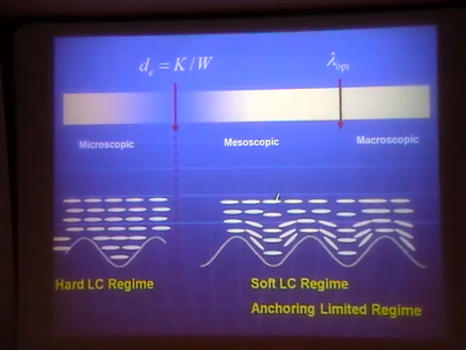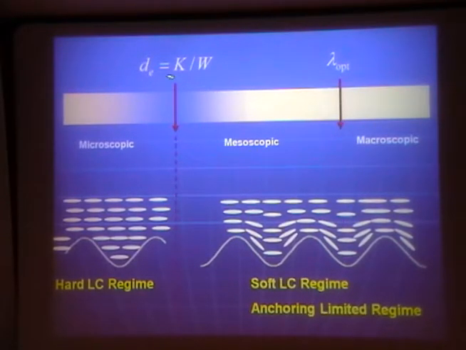And anchoring energy is, as I mentioned before, the restriction, a stability coefficient that tends to restrict the alignment in the way the surface alignment dictates. And that is described by a characteristic length known as the extrapolation length. K is the Frank elastic constant, W is the anchoring energy, and that gives rise to the extrapolation length. And so we can split into two regions.